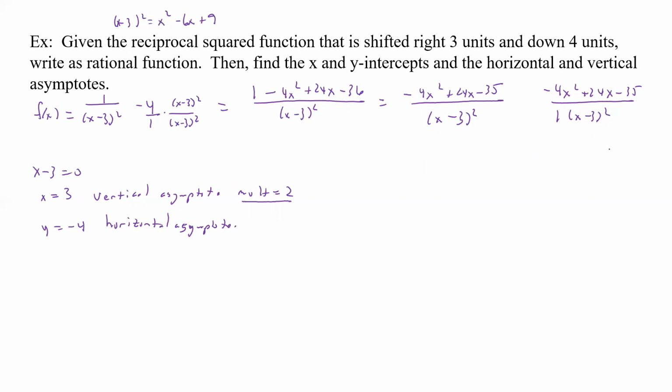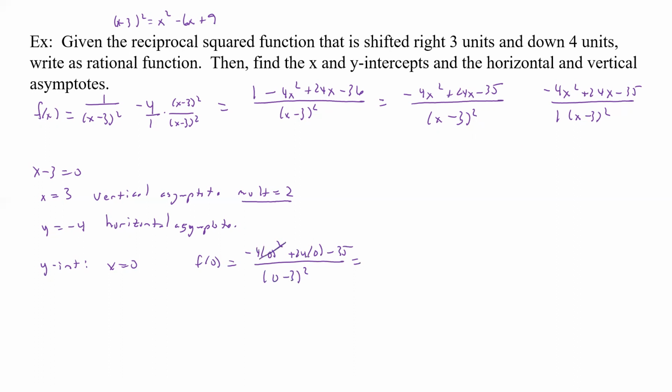So now we found the horizontal and vertical asymptotes. Now we need the x and y intercepts. Let's do the y-intercept first. We set x equal to 0 and plug it into this function. So f of 0 equals negative 4 times 0 squared plus 24 times 0 minus 35, all over (0 minus 3) squared.